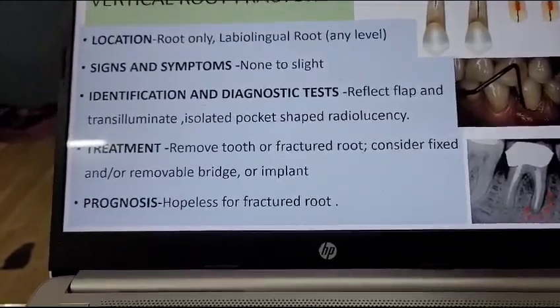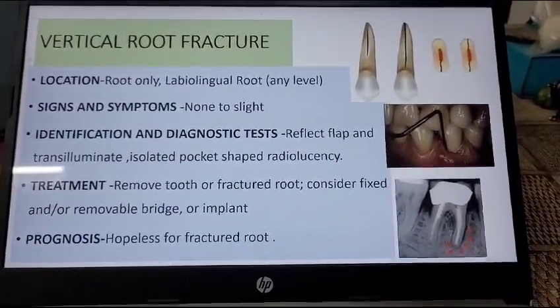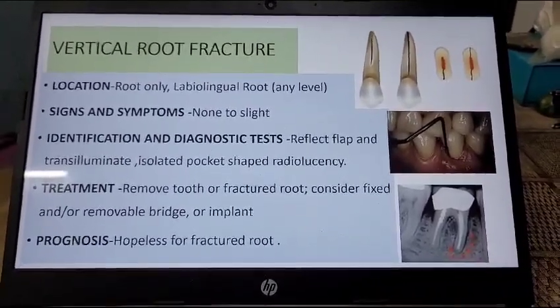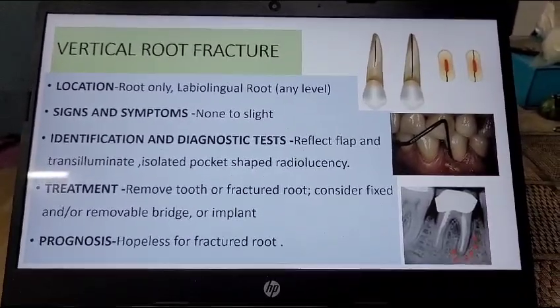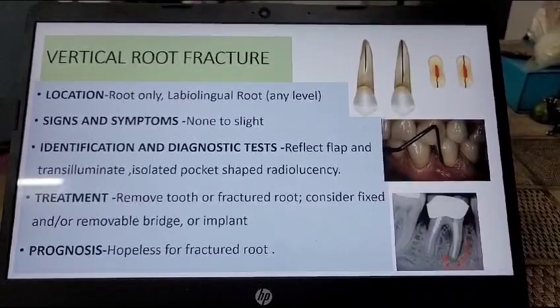The last one is the vertical root fracture. Here the location is only on the root, generally at the labiolingual level. The signs and symptoms are vague.